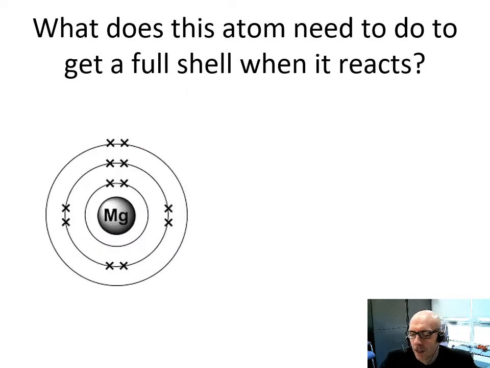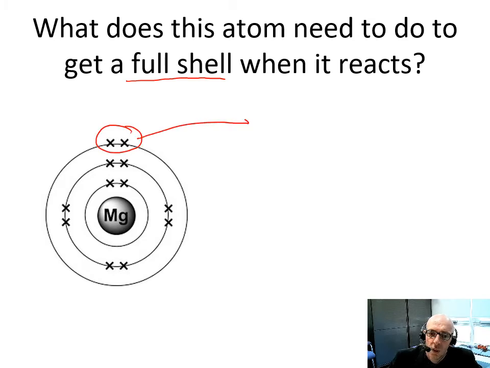So please look at this, decide for yourself, how does this atom, magnesium, get a full shell? Thinking, right, you've thought of an answer. If your answer was it needs to lose 2 electrons, then you are on the right track.